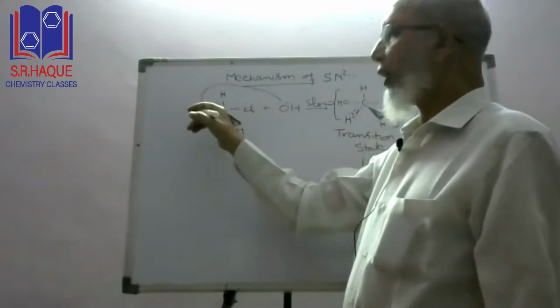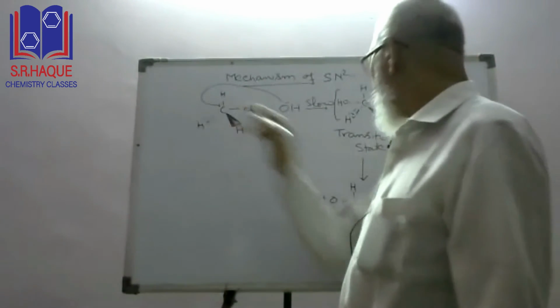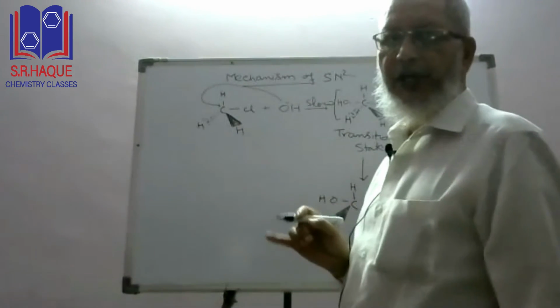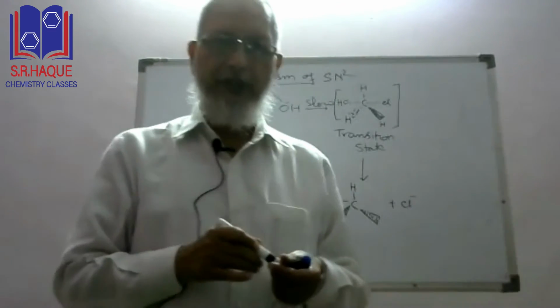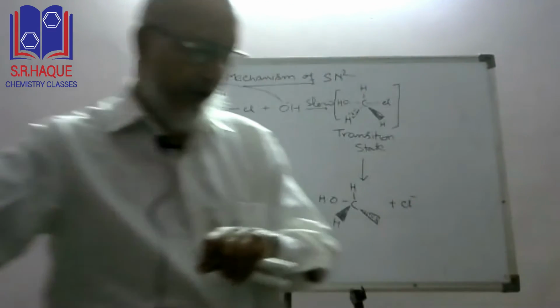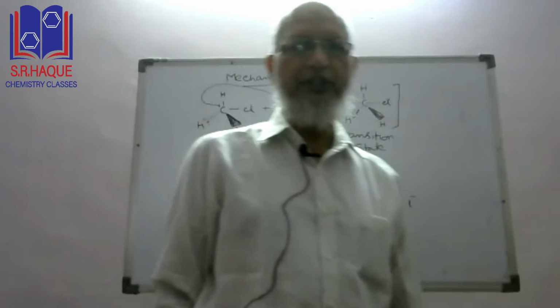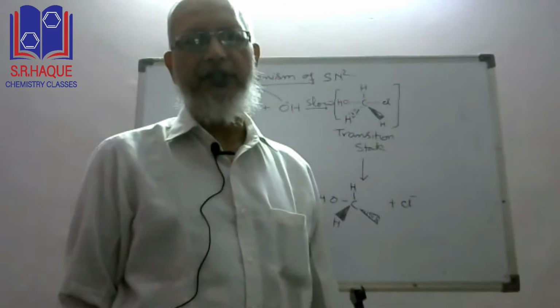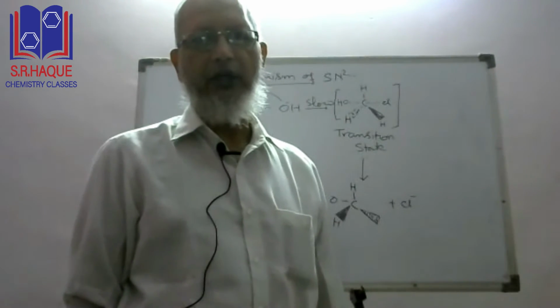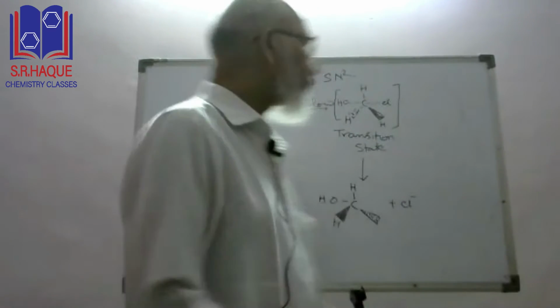Now if this is a chiral carbon atom or asymmetric center, then the resulting product will be optically active in nature. So thus we find that in case of SN2 reaction, there is formation of an optically active product, while in case of SN1 reaction, there is formation of the racemic product, provided we have a chiral carbon atom.